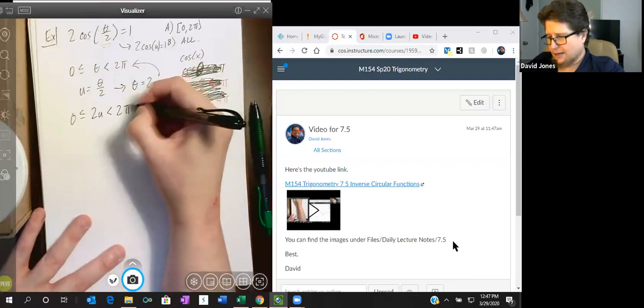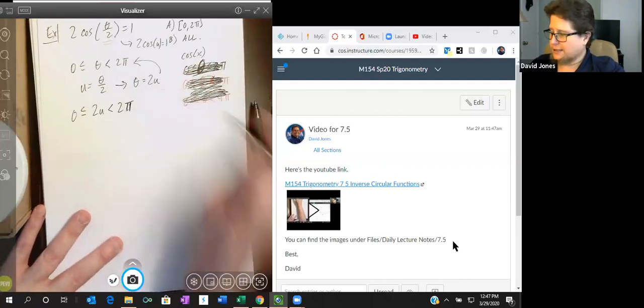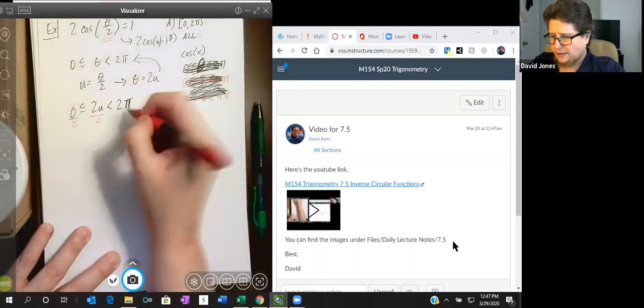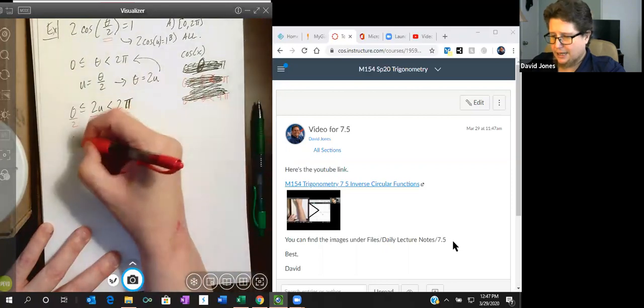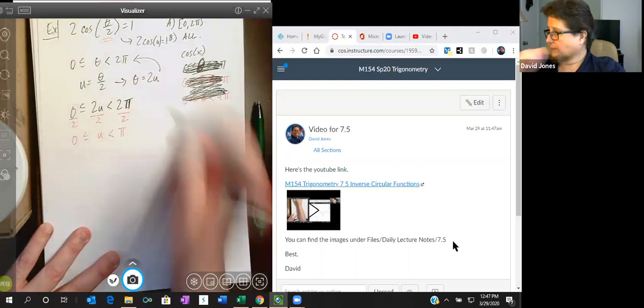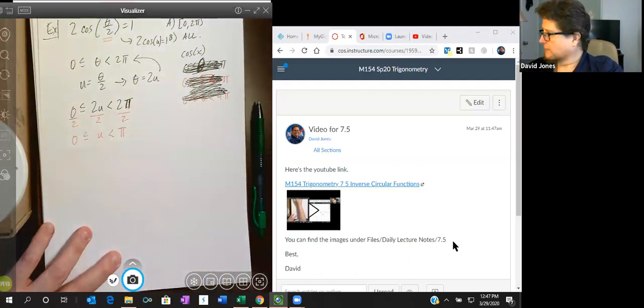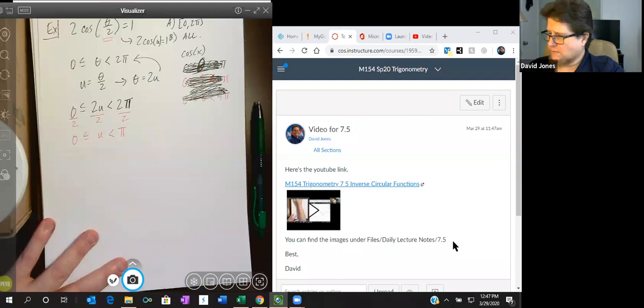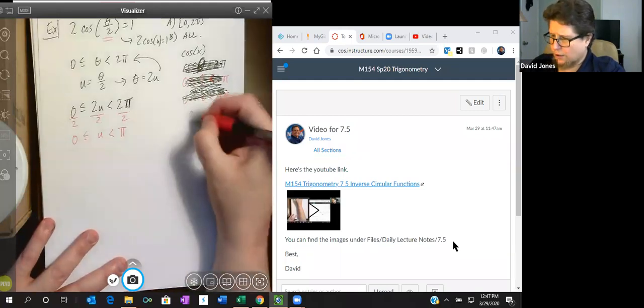I knew I was saying it backwards. Something sounded wrong when I said it. We divide by 2, and we see that u has to be less than or equal to pi. So we're looking for things in quadrant 1 and quadrant 2.